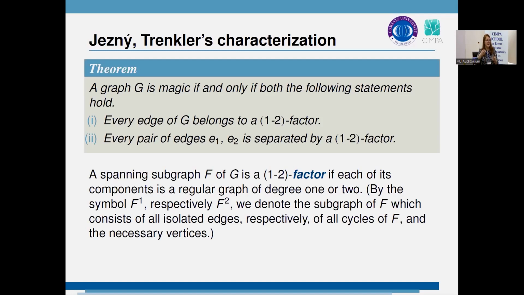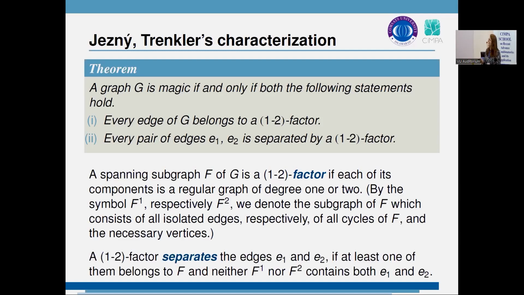So what does it mean? Every component of this graph is either a cycle or an isolated edge. Okay? So the first condition is that every edge of the graph must belong to a one-factor. And then the second condition is that for every pair of edges, you have to find a one-factor that separates these two edges.